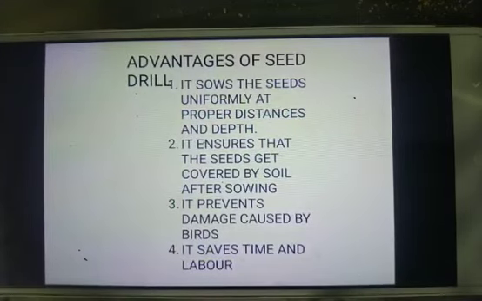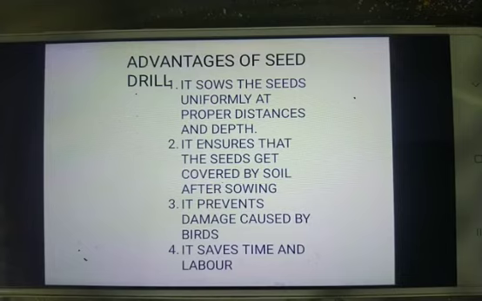Next are the advantages of the seed drill. It sows the seeds uniformly at proper distances and depth. Second, it ensures that the seeds get covered by soil after sowing, as it is sown deep in the ground. Whereas when we sow the seeds by hand or by the broadcasting method, we just scatter them on the field.